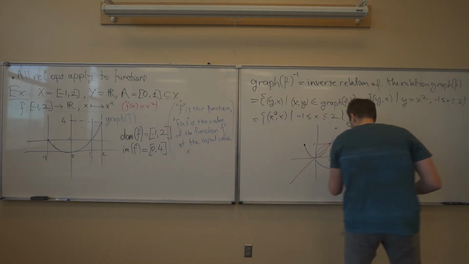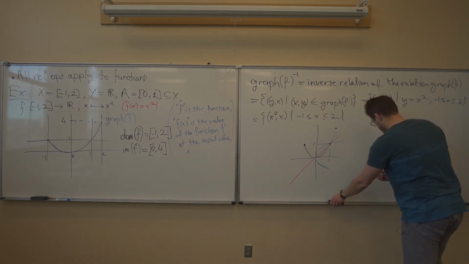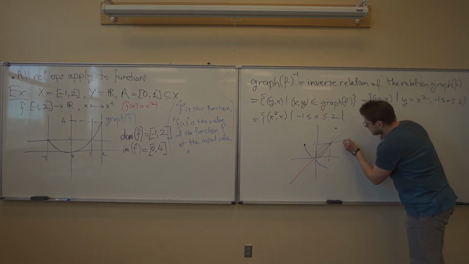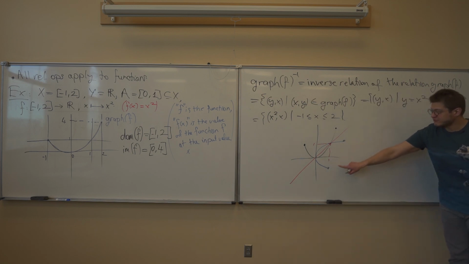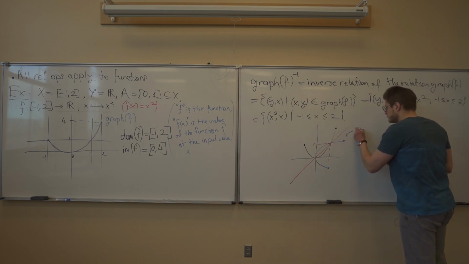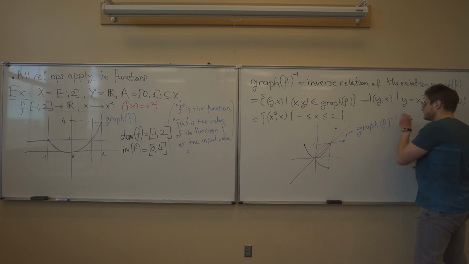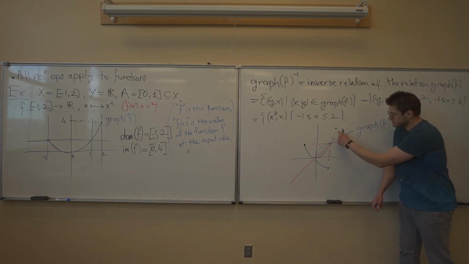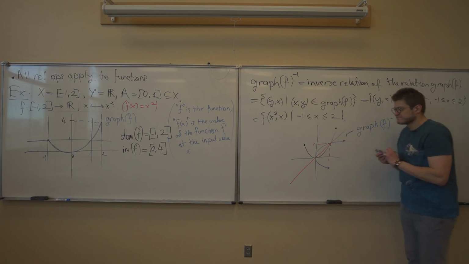So I need to chop it off here. And then this point is going to be somewhere here. So this shape you see now is this inverse relation. And you see the endpoints are sort of the reflections along y equals x.